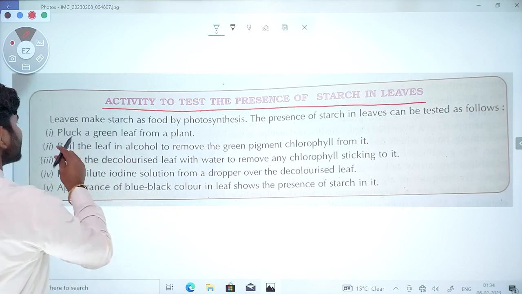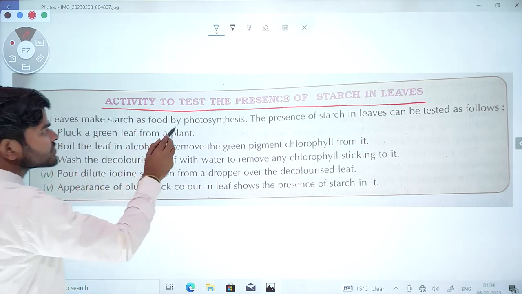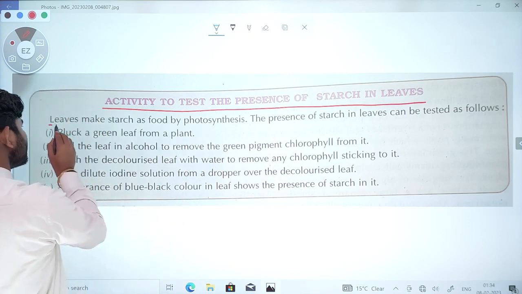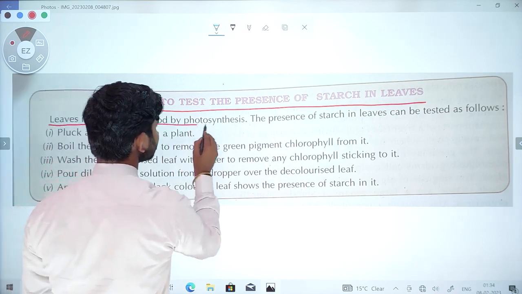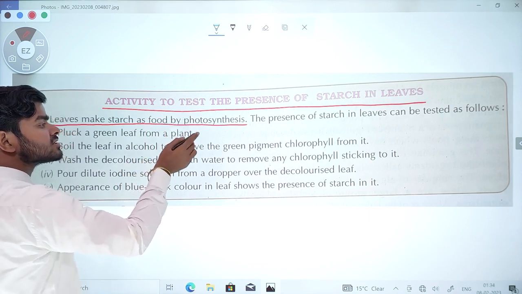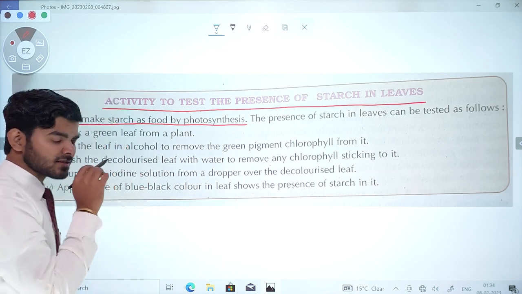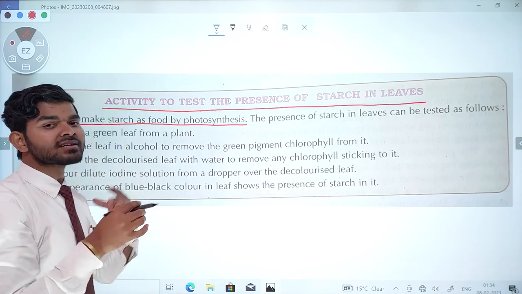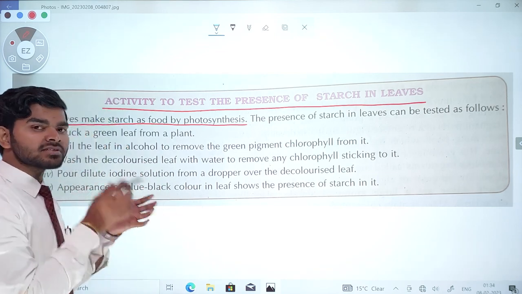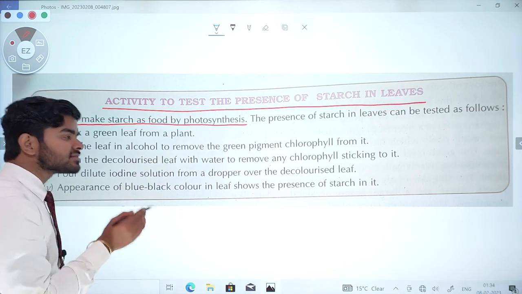First of all, leaves make starch as food by photosynthesis. This is an important point. Starch is just like a food, and it is made only by a process called photosynthesis.